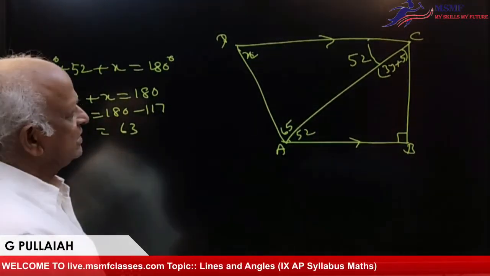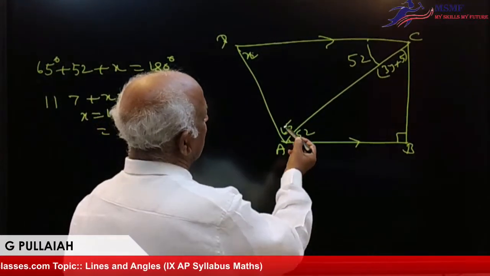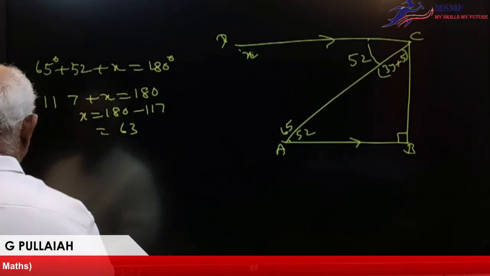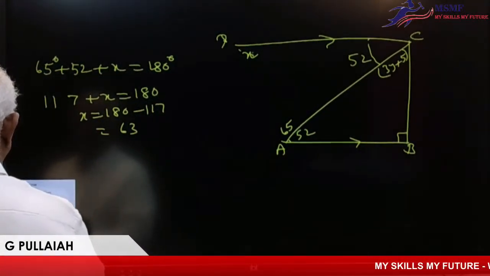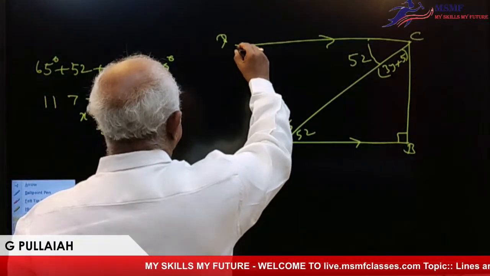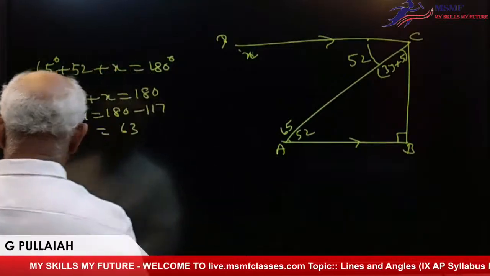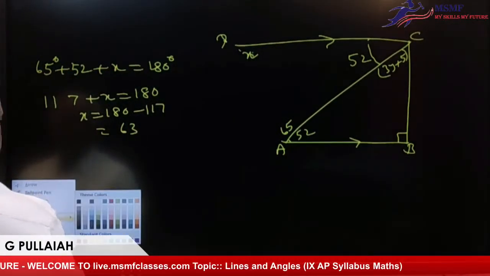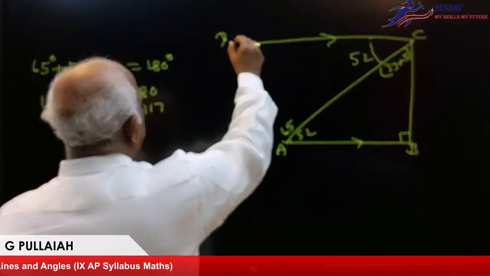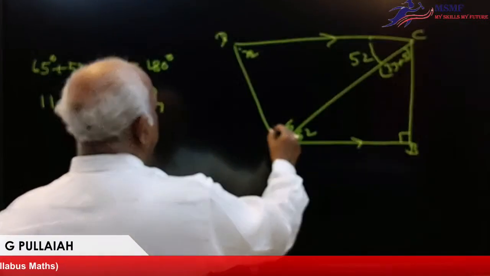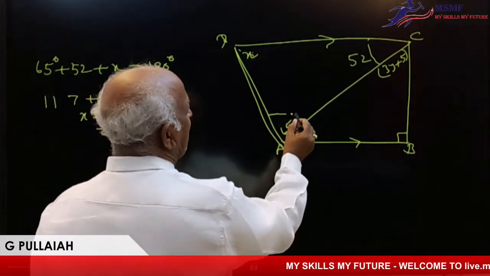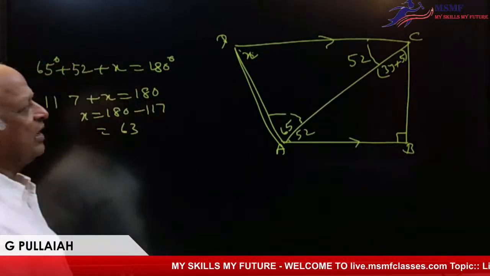Think very carefully here. Angle A is the alternate angle of angle C in the triangle.